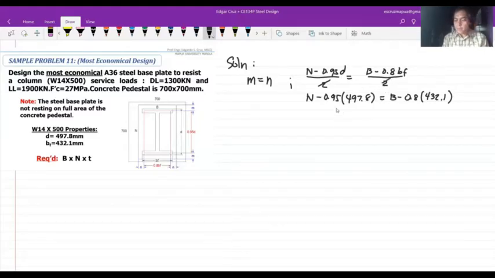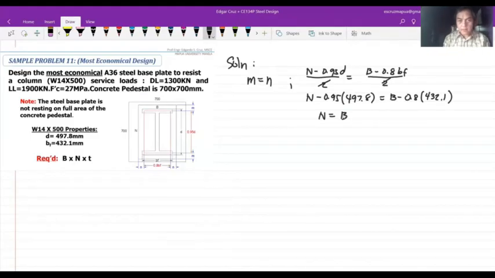So from this equation, I get a relationship of N equals B plus 0.95 of 497.8 minus 0.8 of 432.1.